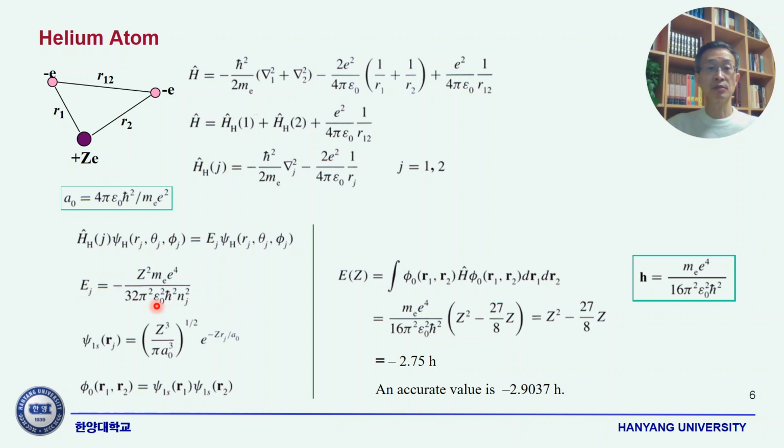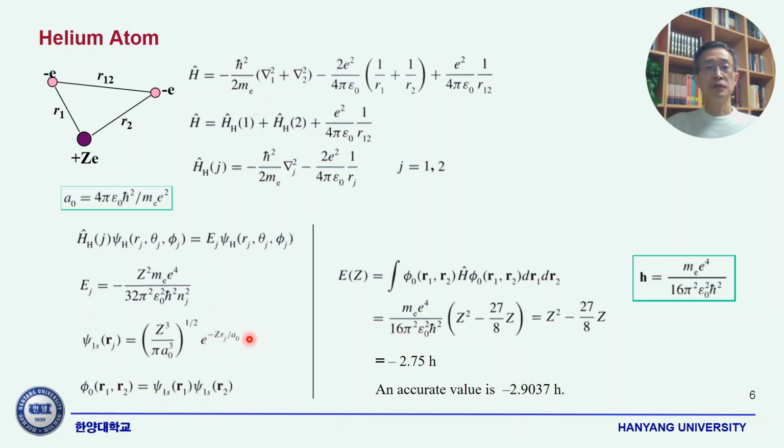So this is the energy of that electron. And as a function of R1 or R2, we have the 1s orbital. We are using the lowest energy orbital. So this is the 1s orbital for the hydrogen-like atom with charge Z.